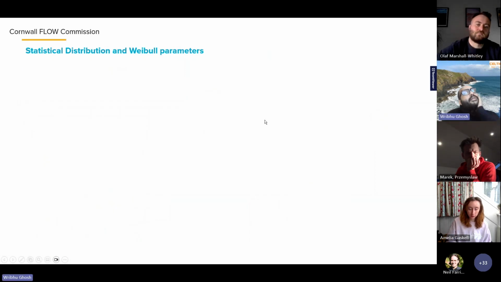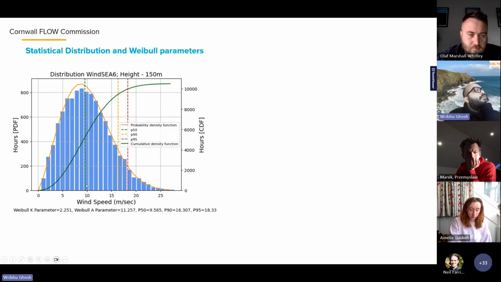Now let's talk about the statistical distribution. This is the statistical distribution of WinC6. These are the histograms. The orange line is our probability density function, and the green line is the cumulative density function. These are the Weibull parameters here, and these dotted lines measure the P50, P90, and P95.